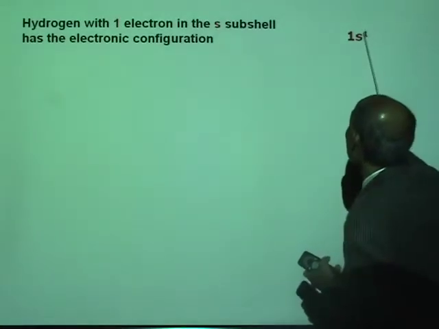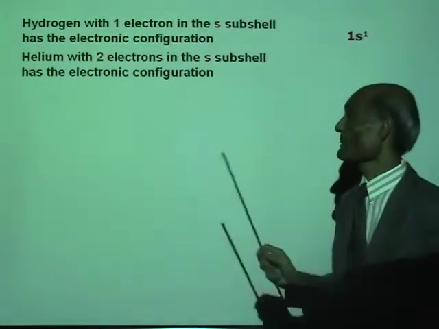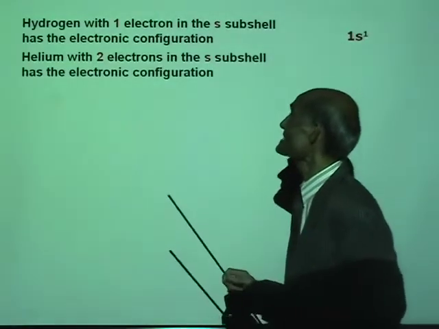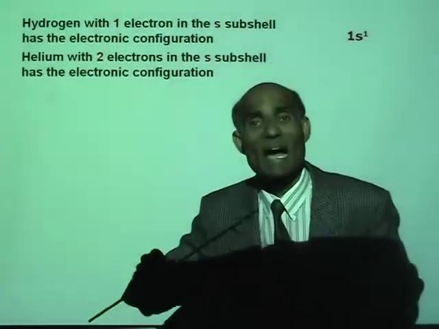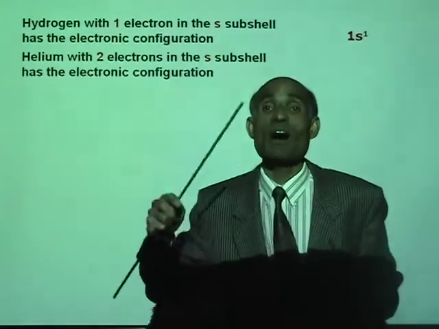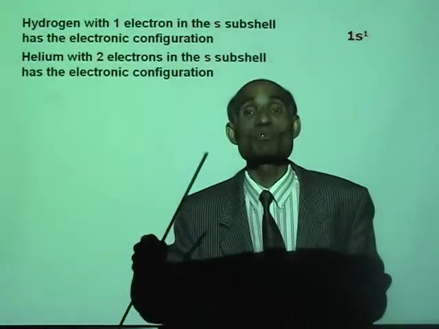In other words, 1 electron in the s subshell of n equal to 1. And helium with 2 electrons in the s subshell. You see, helium has only 2 electrons. And both those electrons are in the main energy level n equal to 1.